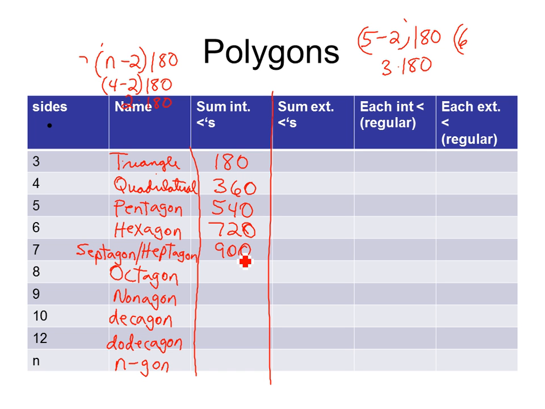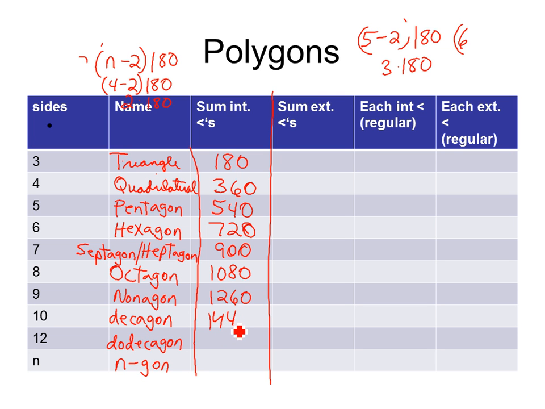We're going to get to the exterior angles in 1 second. What's an octagon? 1080. Nonagon? 1260. Decagon? 1440.